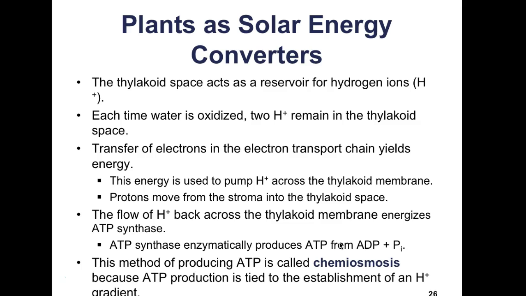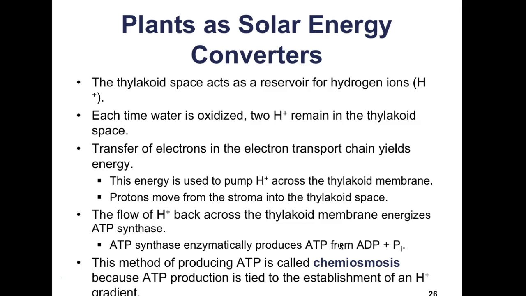So plants as solar energy converters, the thylakoid space acts as a reservoir for hydrogen ions. Each time water is oxidized, 2 hydrogen remain in that thylakoid space. The transfer of electrons in the electron transport chain yields energy via chemiosmosis and the ETS system.